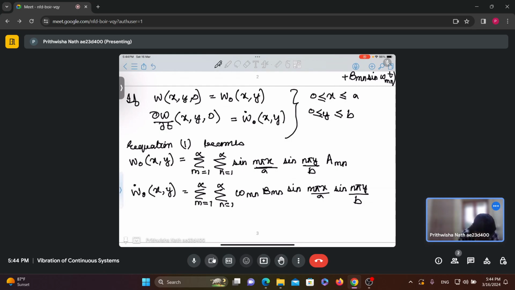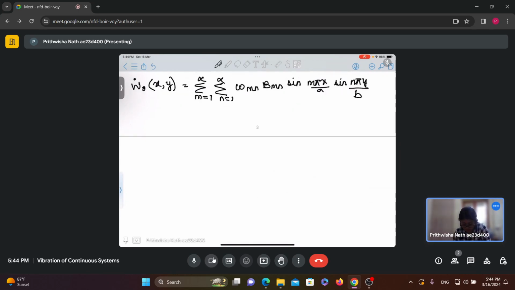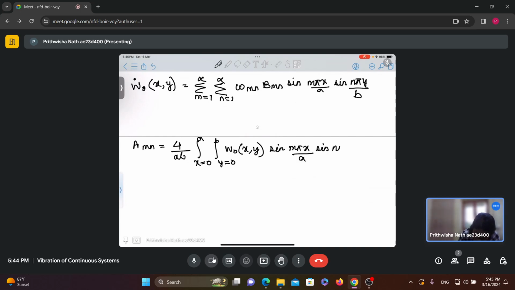So we can write A_mn as 4 by AB integral of W naught (x, y) sine m pi x by A sine of n pi y by B dx dy.